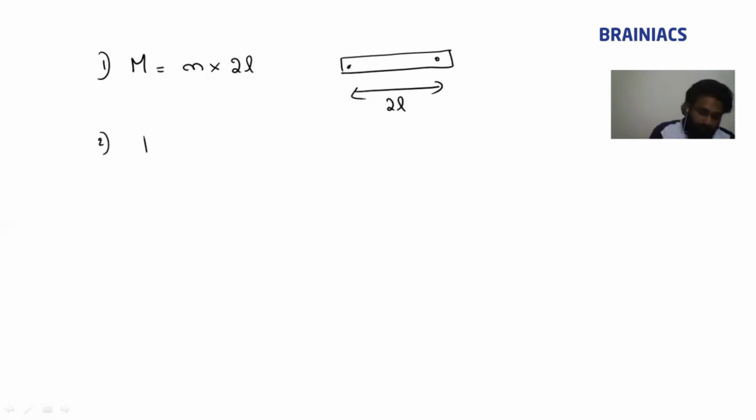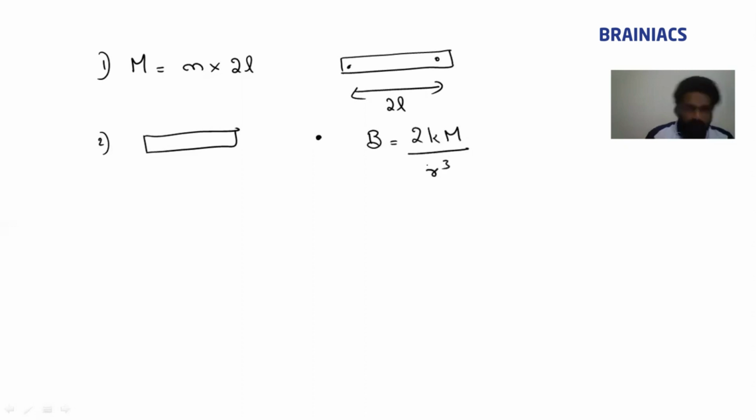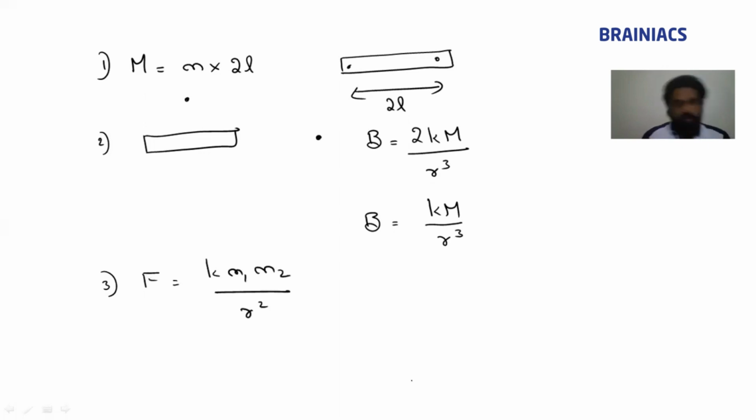Then due to a bar magnet on the axis, the magnetic field is 2KM divided by R cube. On the equatorial point, it is KM divided by R cube. Then Coulomb's law is F equals K m1 m2 divided by R square. So let us try to cover these things.